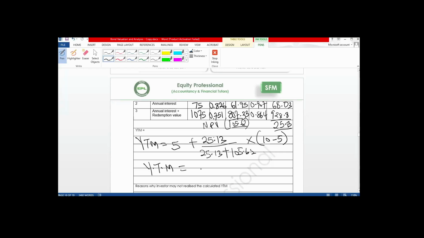What is the YTM? It's 5.96. 5.96%. That is the yield to maturity of this bond.